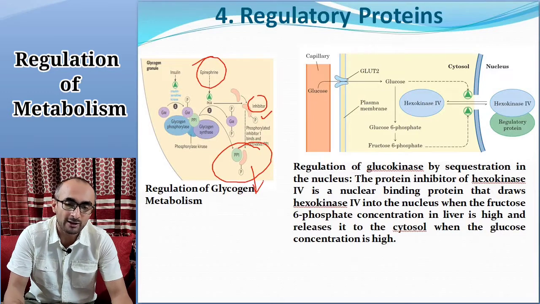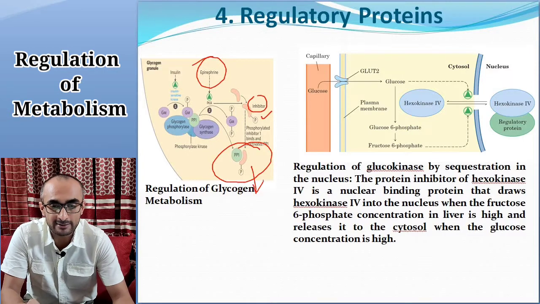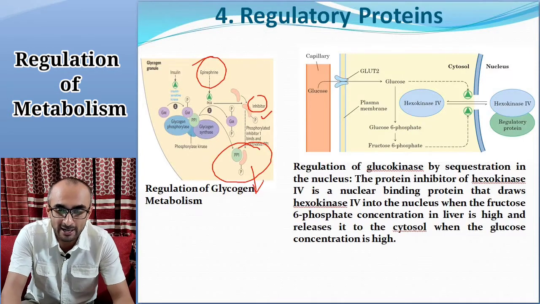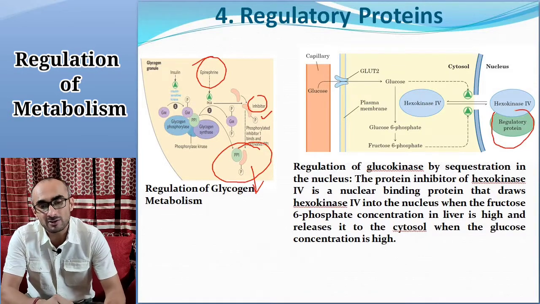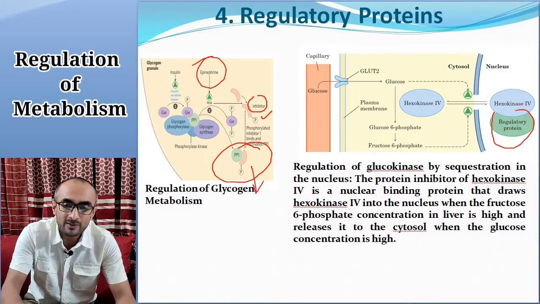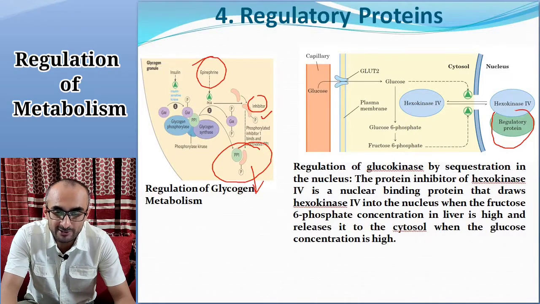Similarly, in case of glycolysis, there was another example of a similar kind where a regulatory protein binds to hexokinase 4. In liver cells, hexokinase 4 is glucokinase. So one method of regulation of glucokinase is by production of a regulatory protein.